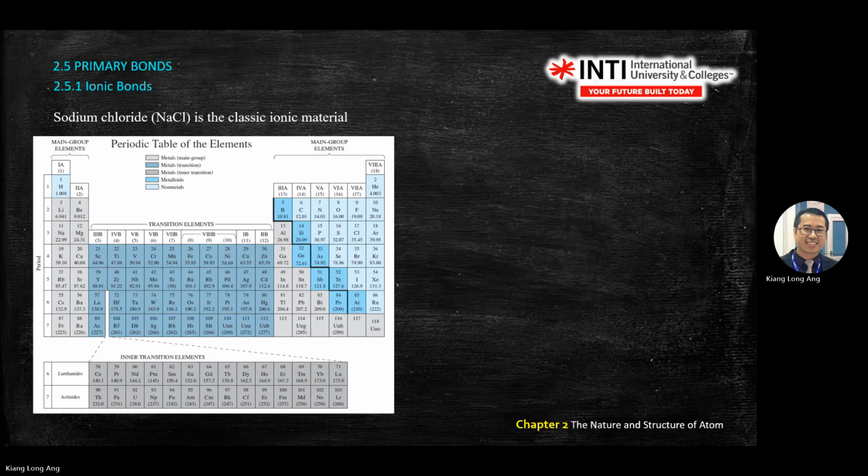Straight away take Ne, and 3s1, plus Cl. So Ne 3s2 plus 3p5.